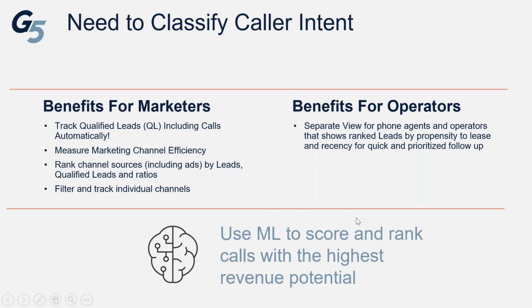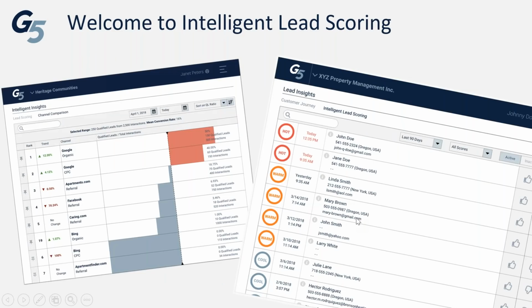That allowed us to introduce a product called Intelligent Lead Scoring, or Lead Scoring. What you can see is 2 of the very earlier versions that we put out. On the left side, you see the marketing channels being rated by the qualified leads they produce, and it goes even further into the campaigns, keyword level information behind CPC.